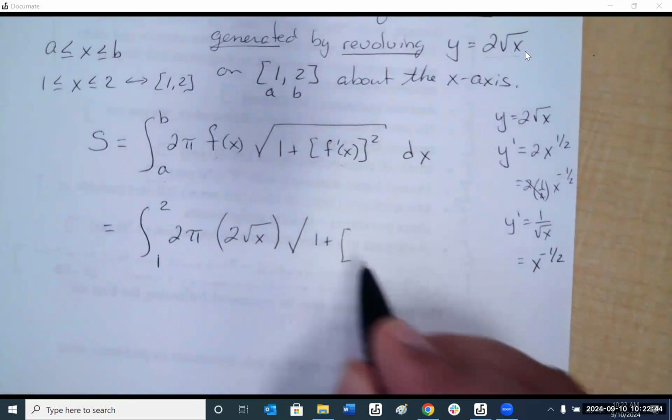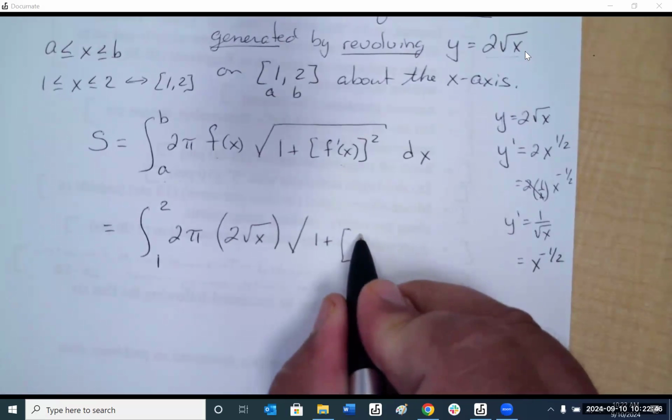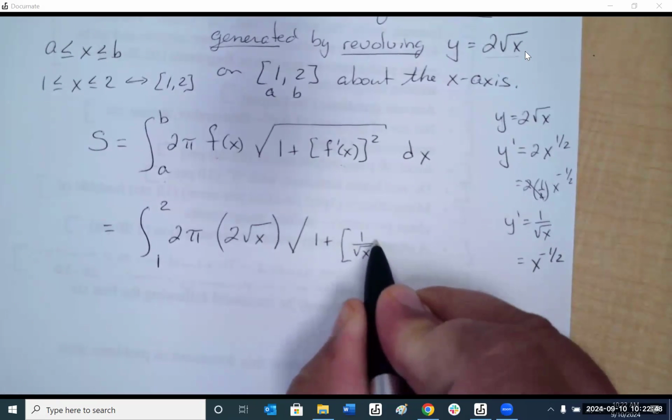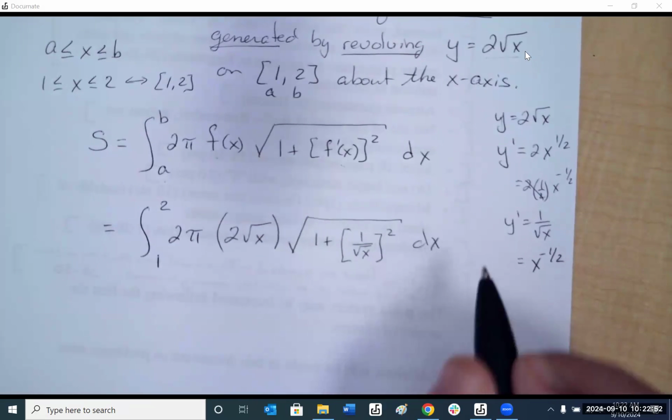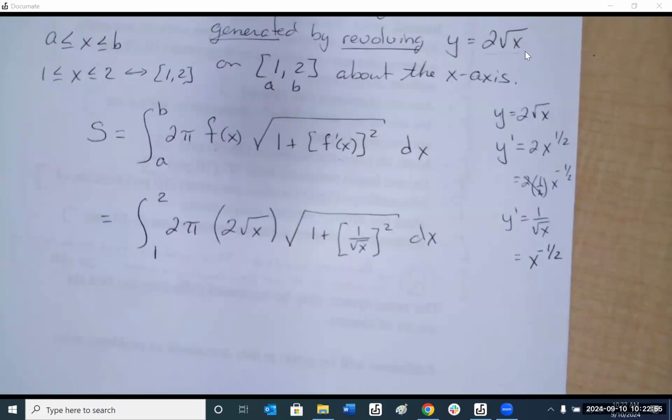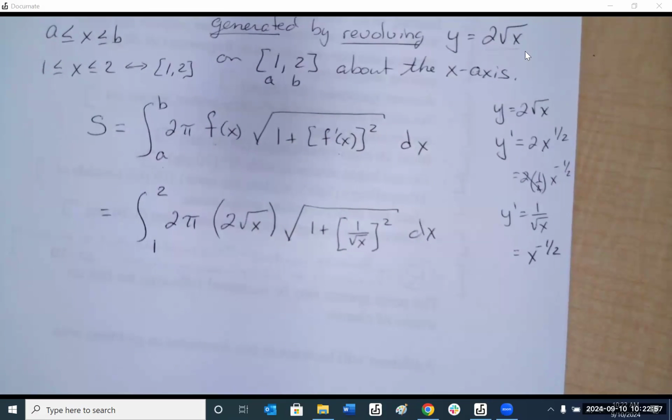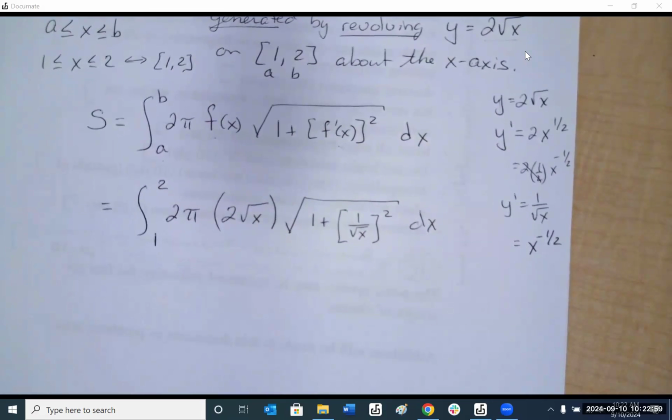That goes inside here: 1 over square root of x, squared. So we have it set up now.